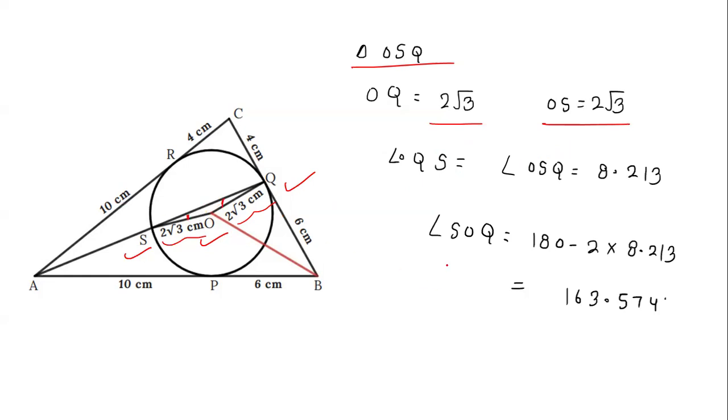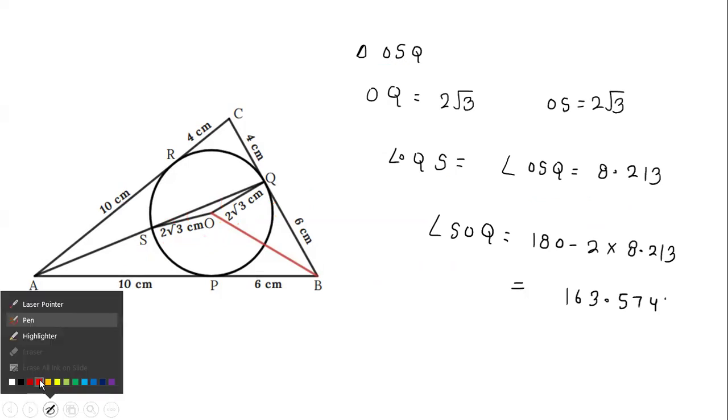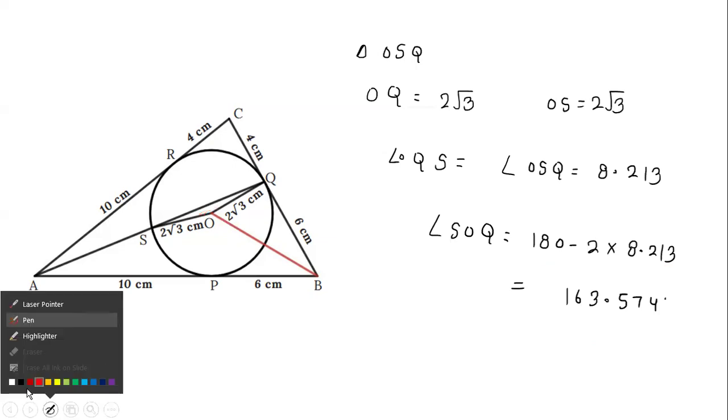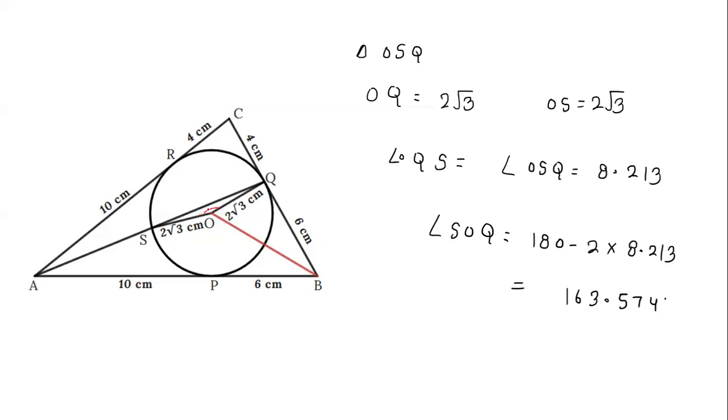So the angle OQS will be the same as the angle OSQ. Both angles are 8.213, and you can calculate the SOQ angle. It is simply 180 minus 2 times 8.213. So after simplifying, it will come as 163.574. So now we know this angle.